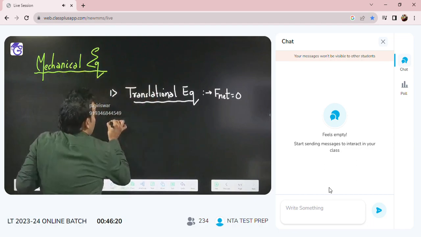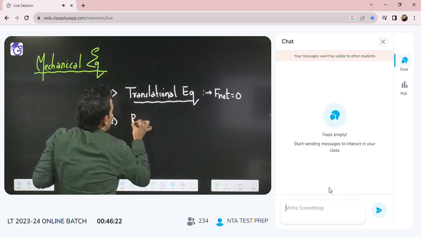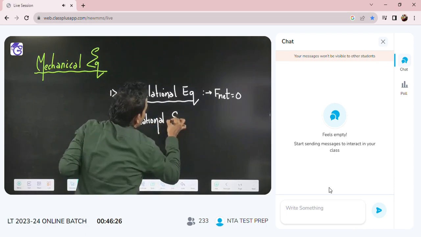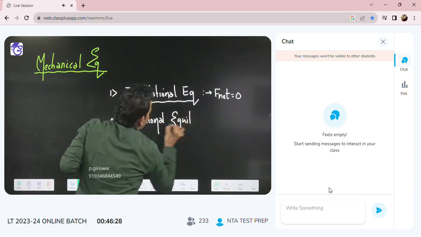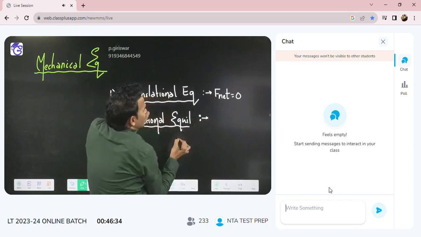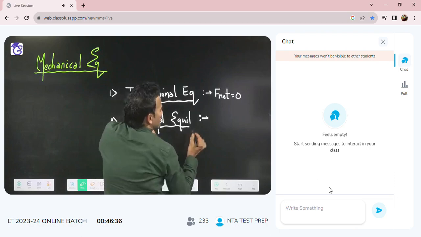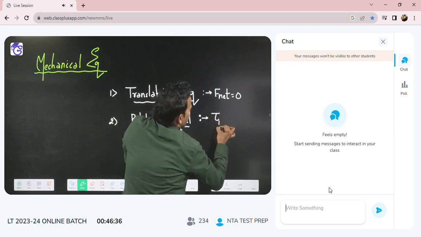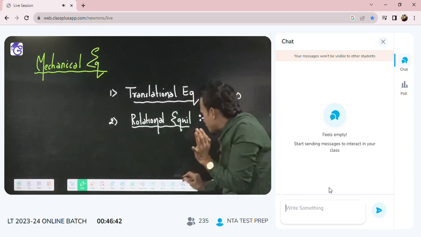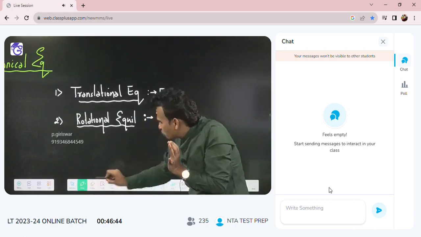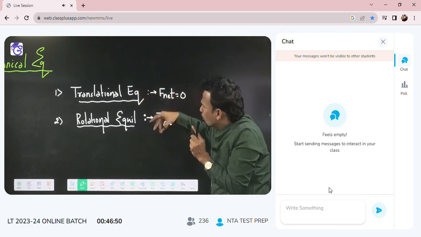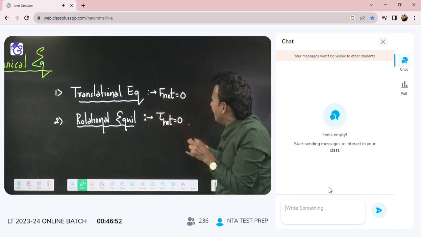The second is rotational equilibrium, which means rotational motion is not there. The condition for rotational equilibrium is that the net torque must be equal to 0. So two motions are there: translational motion, so translational equilibrium, net force 0; rotational motion, so rotational equilibrium, net torque 0.